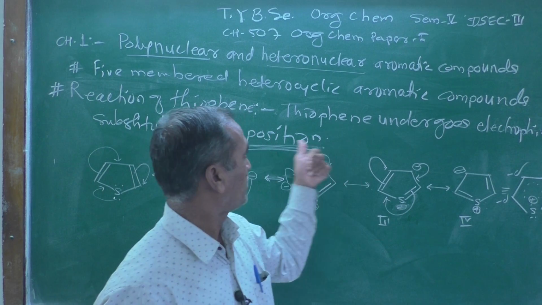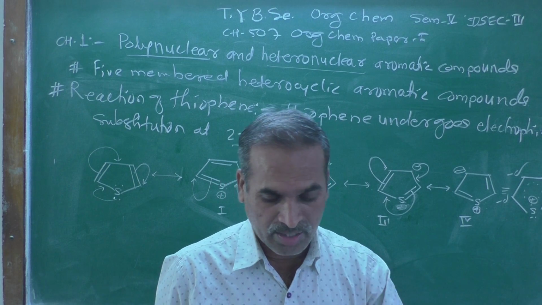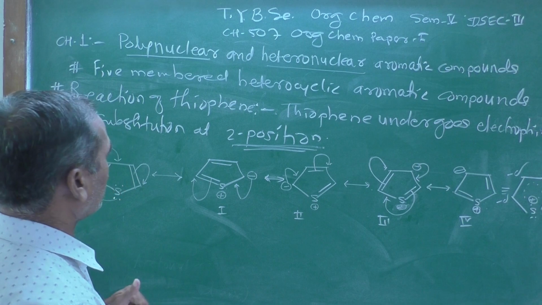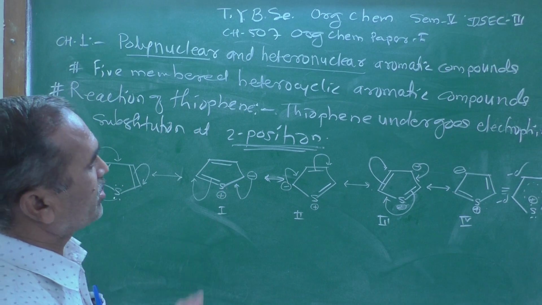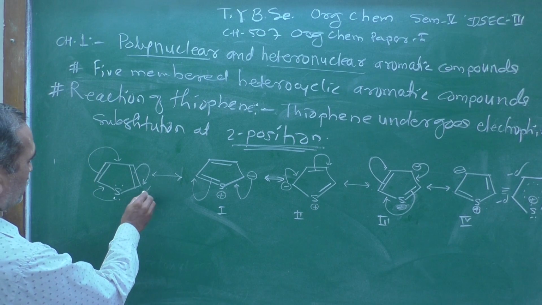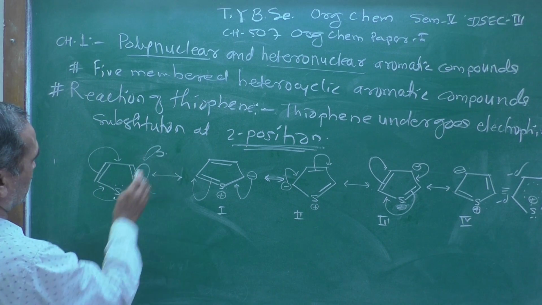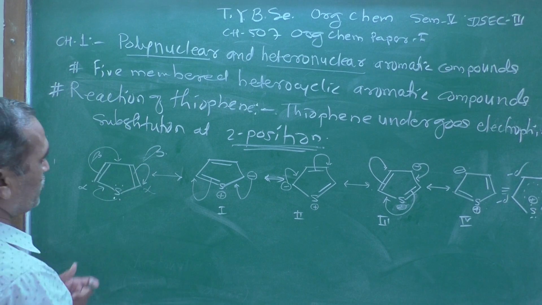But why at the 2 position? Let us see another way that will give you the answer: why thiophene undergoes electrophilic substitution at the 2 position. This we can call the alpha position, and this will be the beta position.